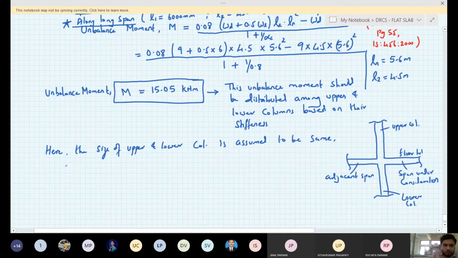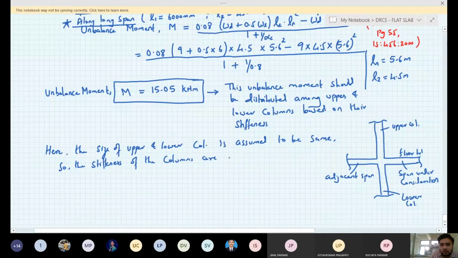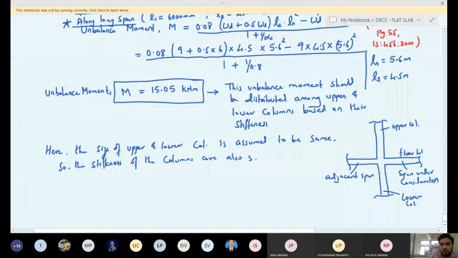So the stiffnesses of the columns are also same.